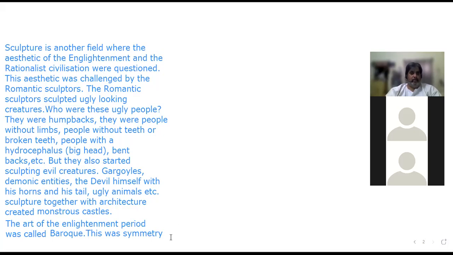The Baroque architecture, architecture and art, was basically symmetry. Everything, this was all symmetry.